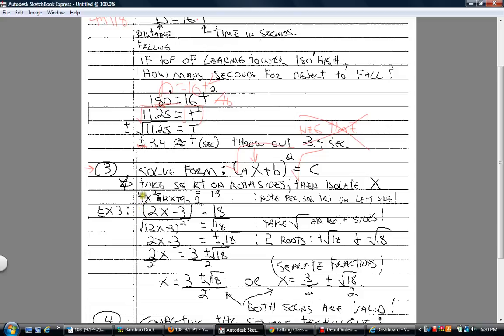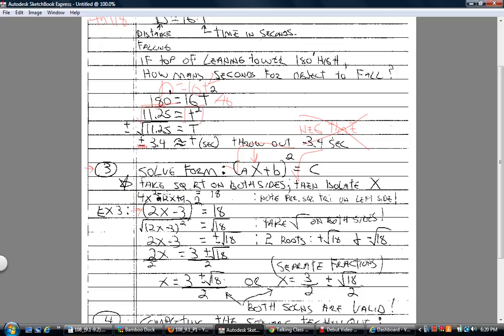It's from factoring a trinomial, a perfect square trinomial, so it's the binomial squared: 2x minus 3 quantity squared equals 18. If I multiply 2x minus 3 out again by FOIL, it would boomerang back.